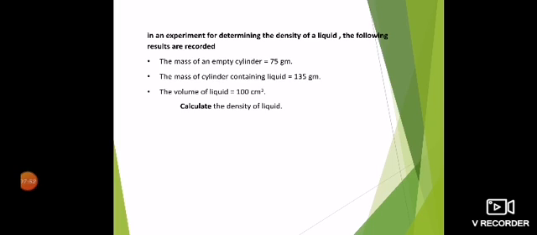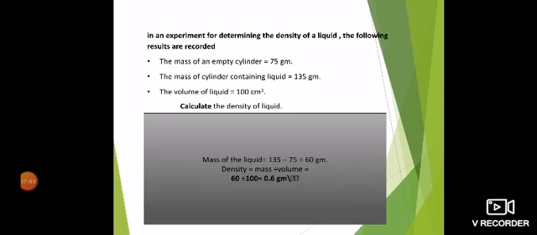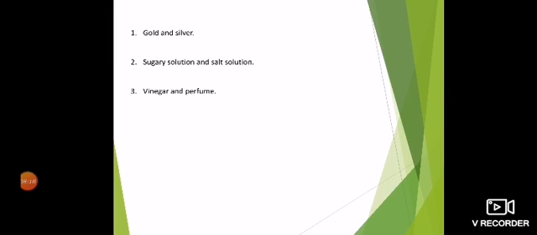The mass of the liquid equals 135 minus 75 equals 60 grams. And the density equals mass over volume. Mass is 60, volume is 100, so 60 divided by 100 equals 0.6 gram per cubic centimeter.